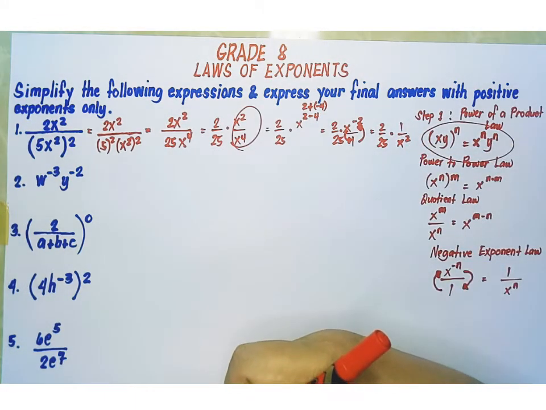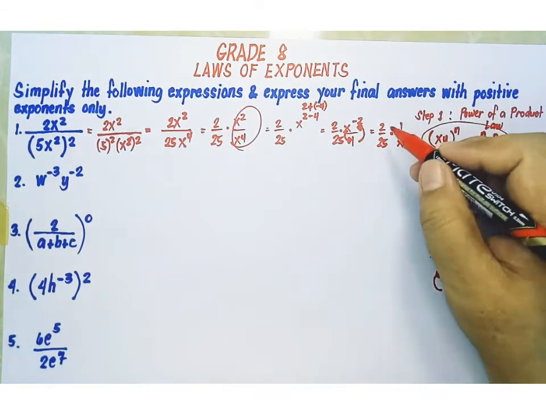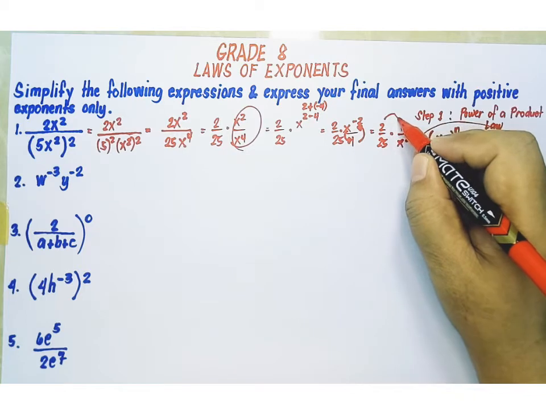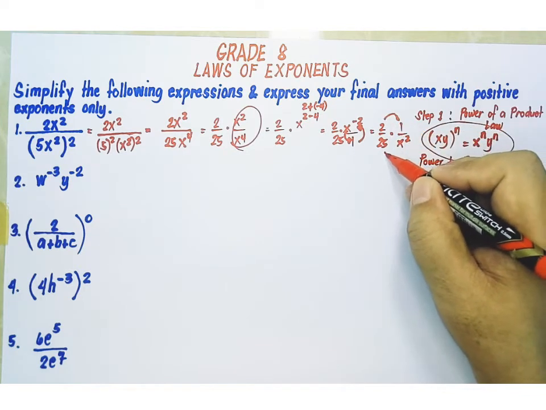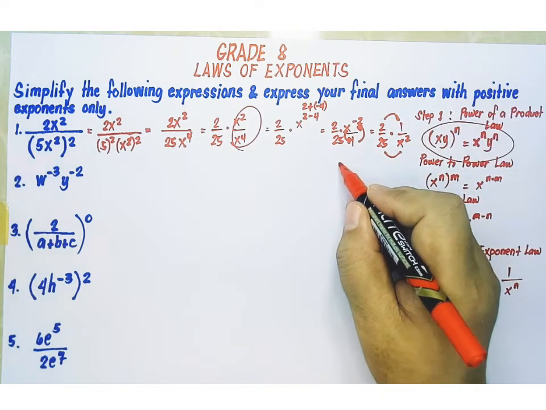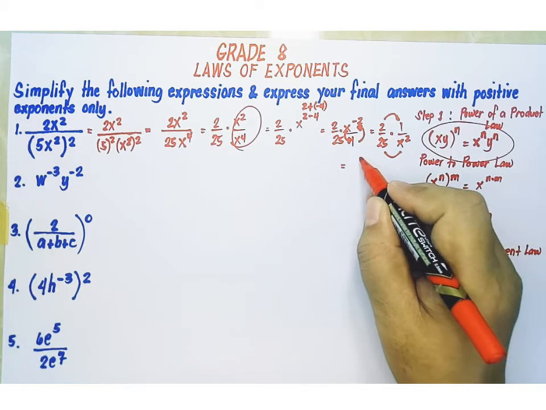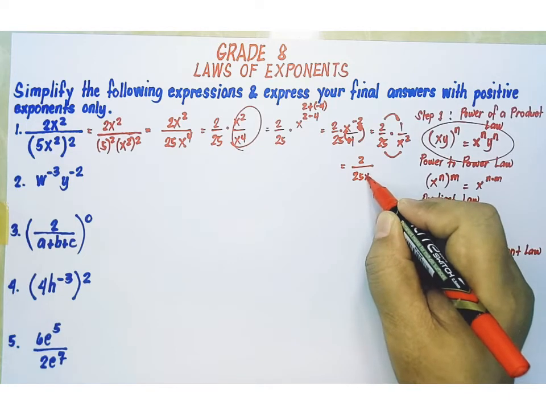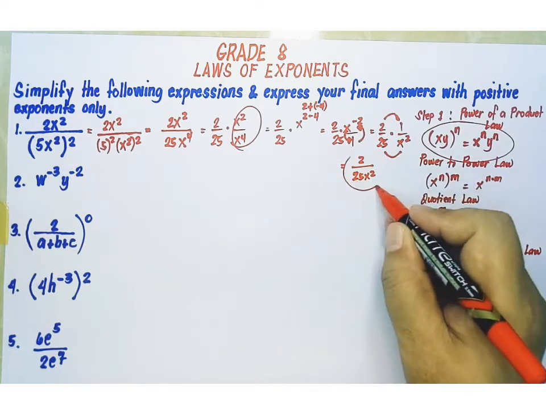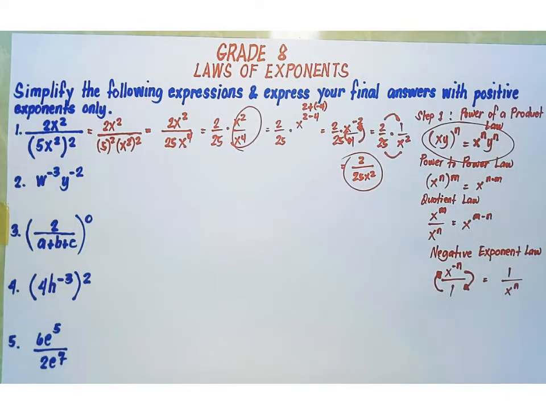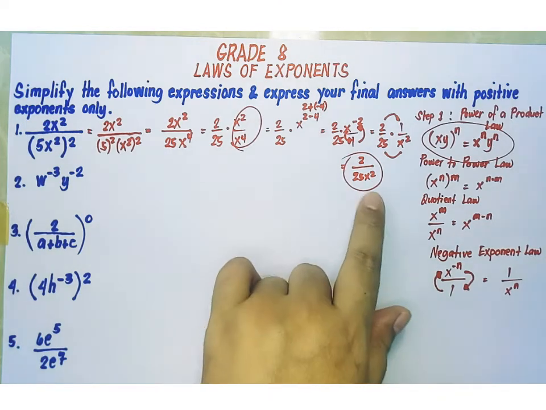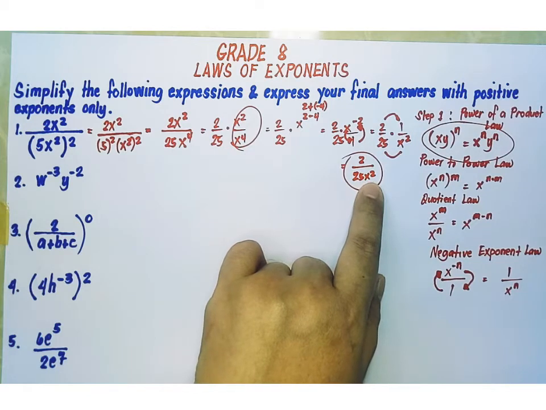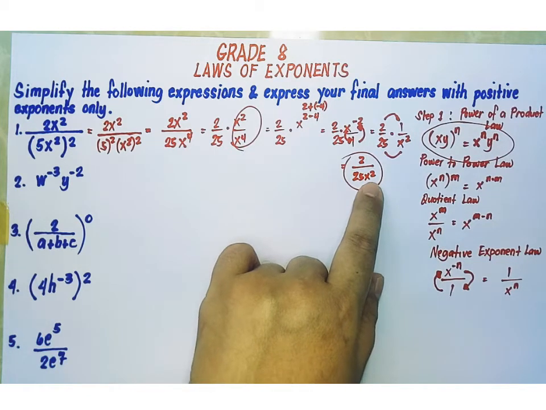Going back to multiplying fractions during your elementary, numerator times numerator, denominator times denominator, your final answer is 2 over 25x squared. This is the final answer. So as you can see, we have a positive exponent in our final answer.